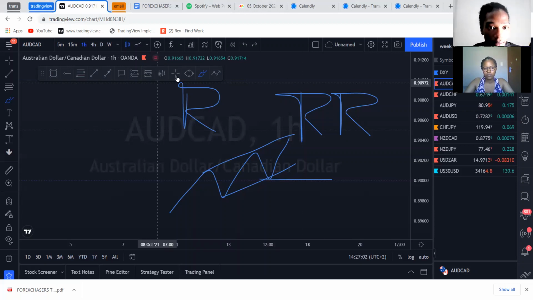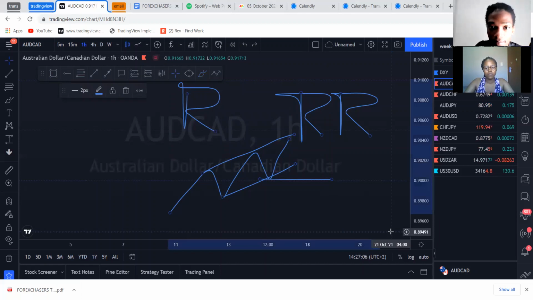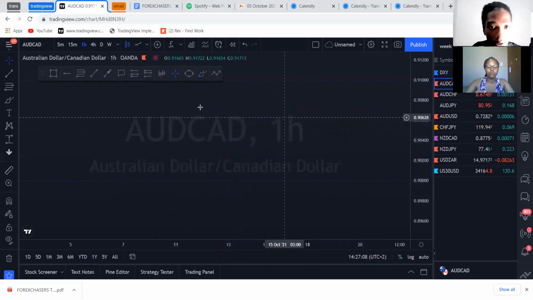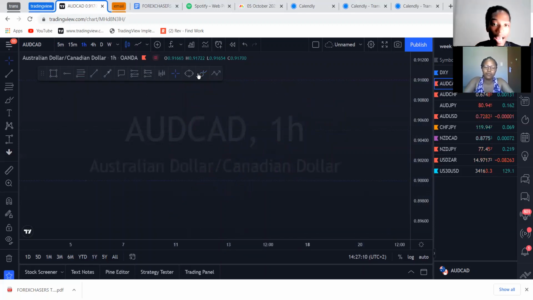So, let's do this one second. Let's actually just delete all of this stuff here, to give you a hypothetical example of how we're going to identify patterns within patterns. I like to do these theoretical examples rather than looking at charts, because on the charts I'm showing you how one pair, like Aussie Cat, does her things, but every pair is different.